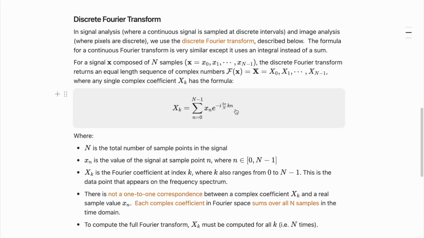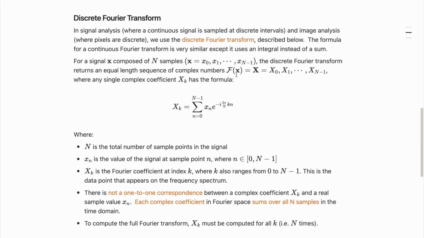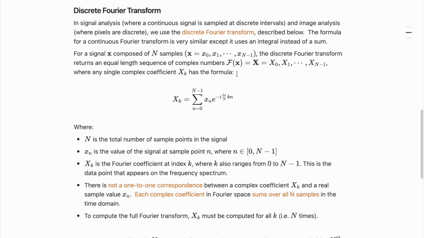So the time complexity of computing the Fourier transform in this way is n squared. One loop for computing this sum and another loop for computing all of the coefficients in the Fourier transform array.